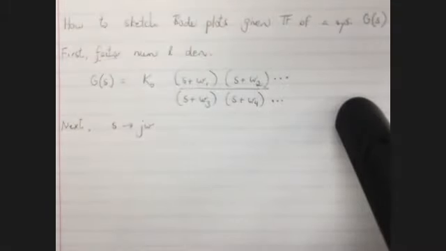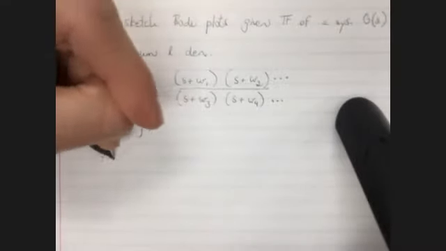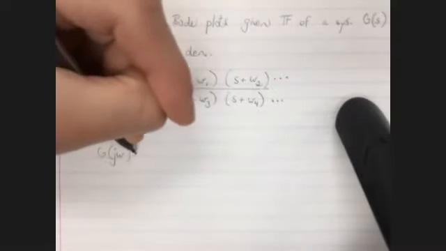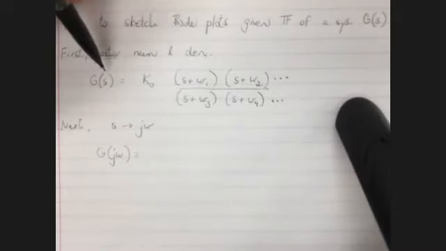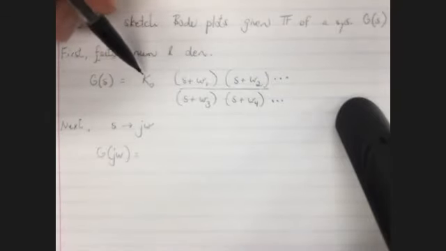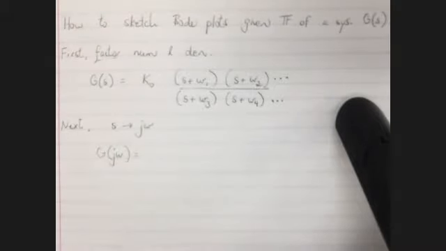S becomes j omega. For the top part, where you're talking about the K, that's the same as the ZPK form. That's right. So with MATLAB, you can use ZPK. If we had a function in a different form, we could use TF to ZPK. Absolutely. If you've got MATLAB with you, that's the most efficient way to do it, and that would set it up this way for you.